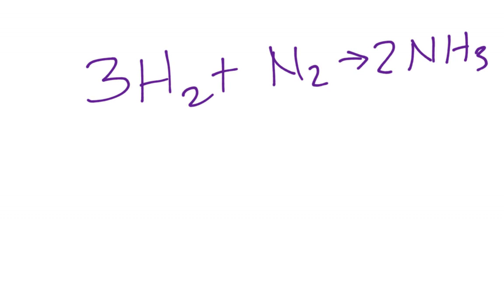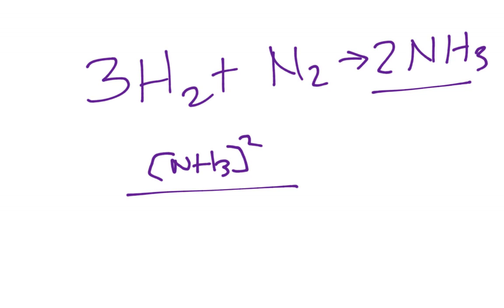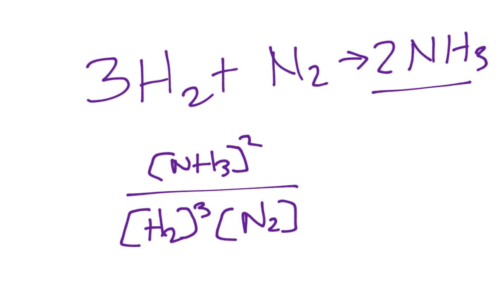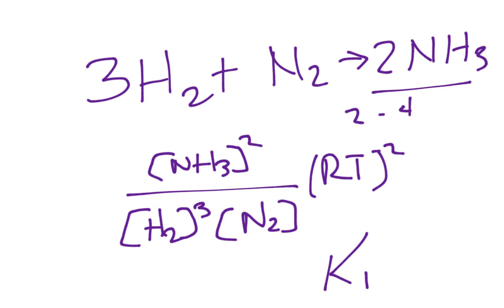We would start out with my products, so whatever my concentration of NH3 was, squared, over my reactants, and that's just a 1, and then we times it by whatever my temperature times R, and then we have 2 minus 4, so this would be negative 2.